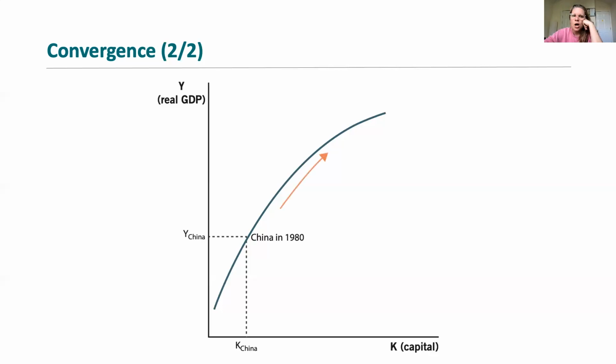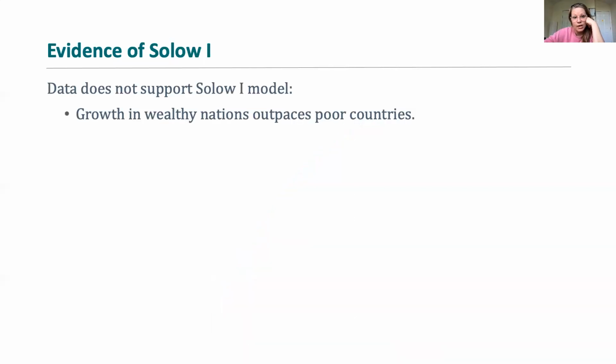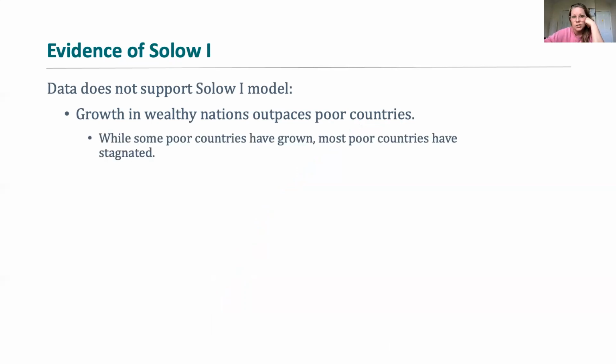So even though we saw this upward trajectory, and that we expect China just to catch up to the United States, China has actually exceeded the United States in terms of economic growth rates. So data does not really support this original version of the model. Growth in wealthy nations has far outpaced the growth of poor nations. Some poor countries have grown, but most poor countries have not.